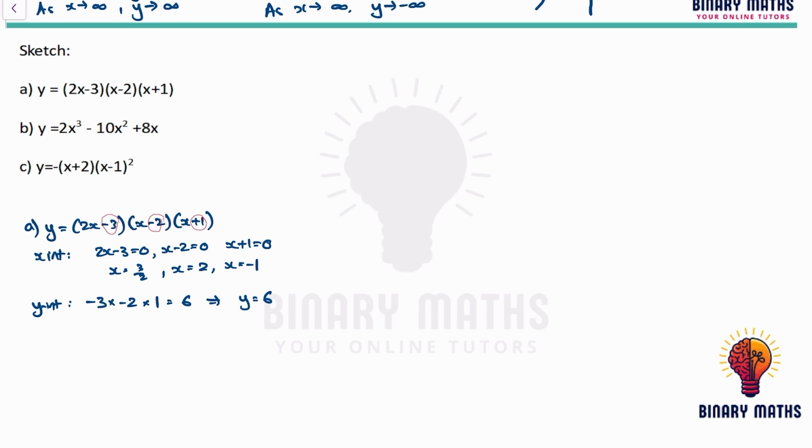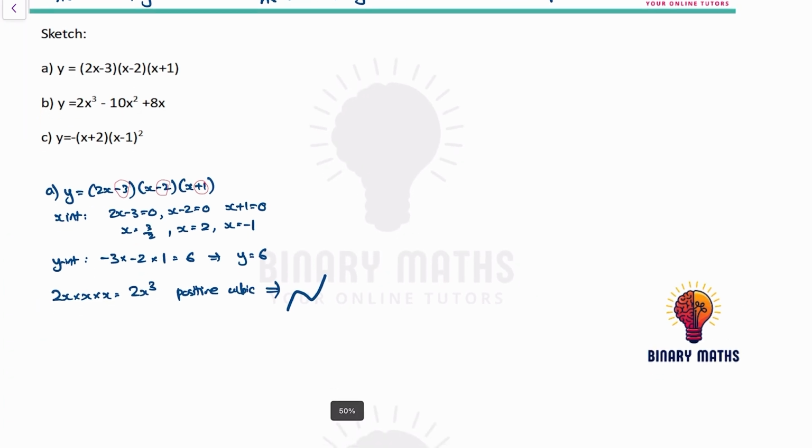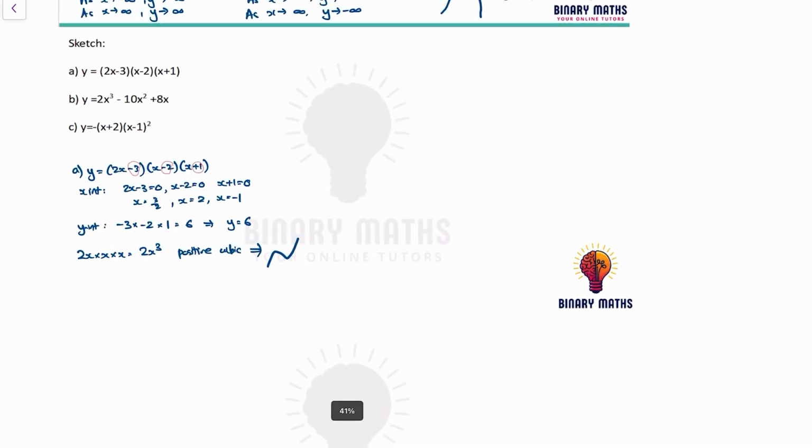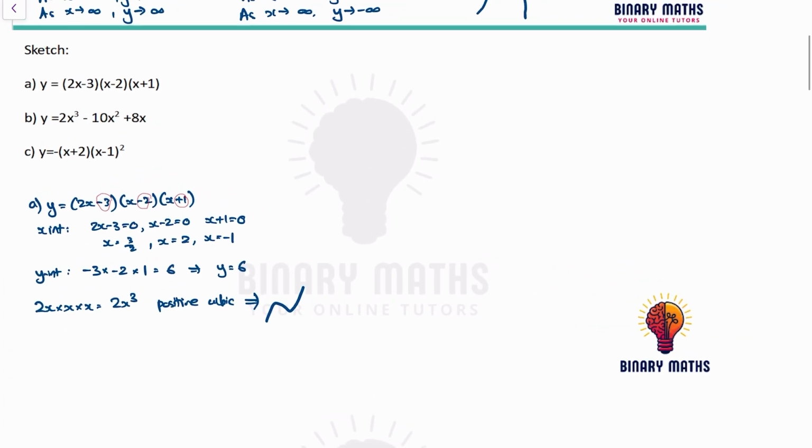If I multiply the first terms in each bracket, then I get 2x times x times x, which is 2x to the power of 3, which is a positive cubic, because it's positive 2x cubed, which implies the graph should be a positive cubic graph, so it should look like this. Okay, so if I were to sketch it now, let's sketch it on this side.